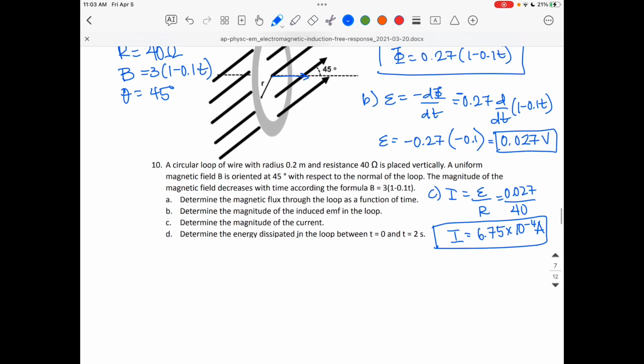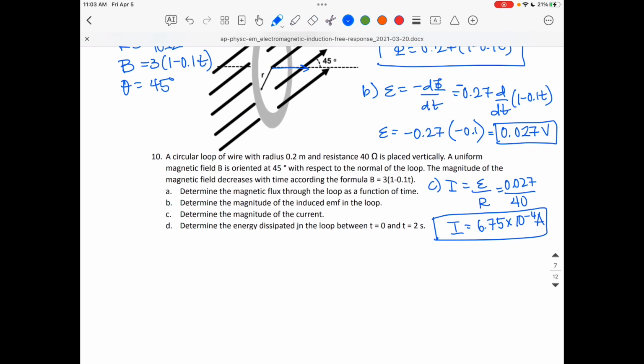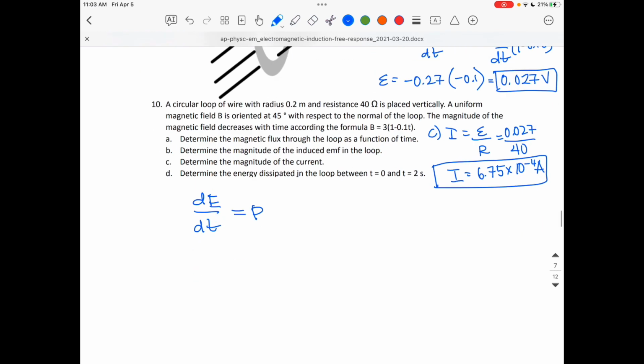And then last but not least, it says determine the energy dissipated in the loop between t equals 0 and t equals 2. So that is the change in energy over change in time, which is power.